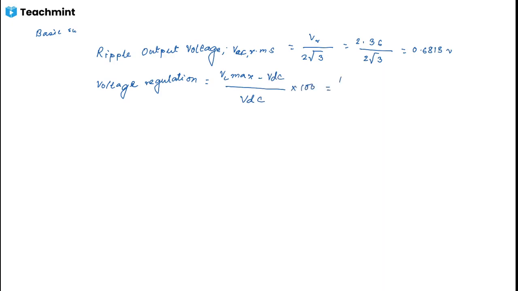That is equal to 14.14 minus 12.964 by 12.964 into 100. That gives you 9.07%. Okay, clear?